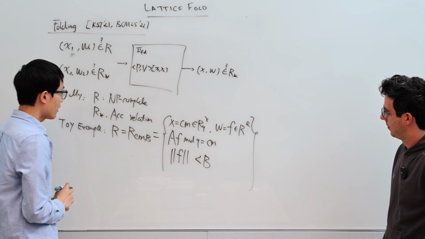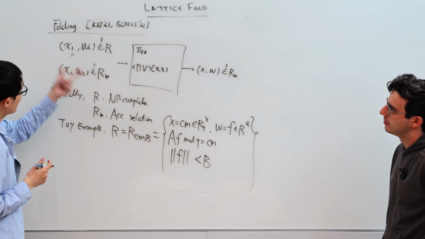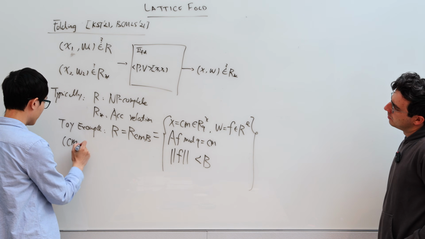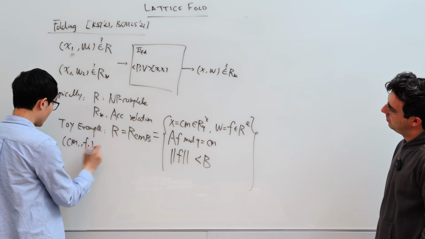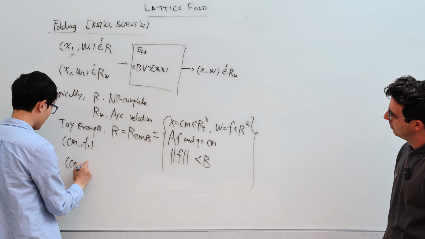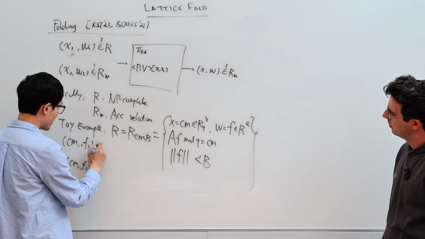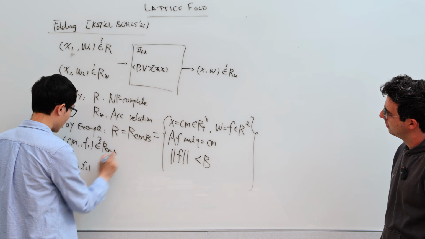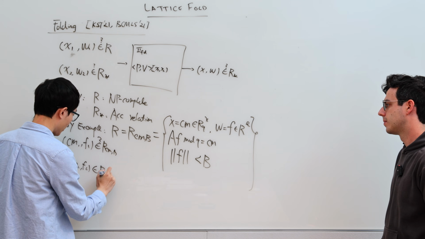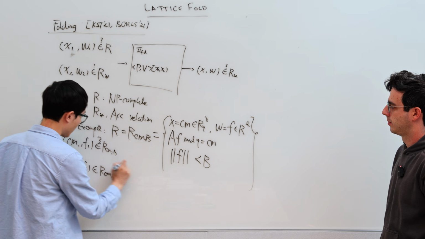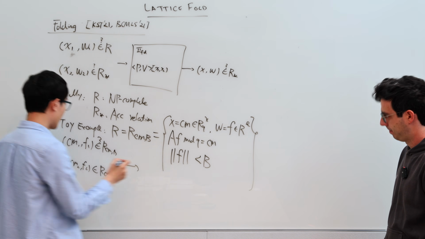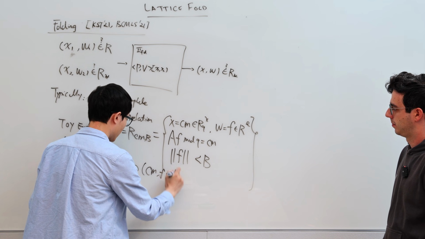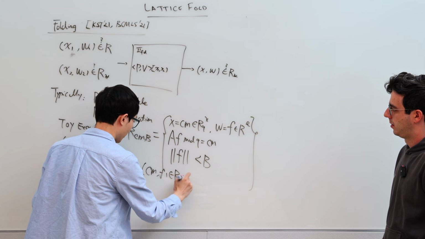Our ideal goal would be to build a folding scheme that, given two statements, CM1, F1 and CM2, F2, reduces the checking that they are in R_CM,B to the checking of a single new statement, a new CM and F in R_CM,B.